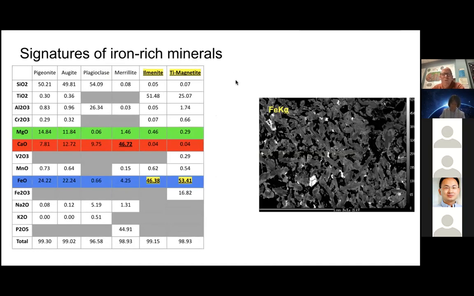Now we can also use maps like the iron map to determine which grains might be some of those lesser abundant iron oxide minerals, as well as the iron sulfide minerals. In this chart, we don't have a chemical analysis for the iron sulfide mineral because it doesn't contain any oxygen, so it's a difficult comparison to show.